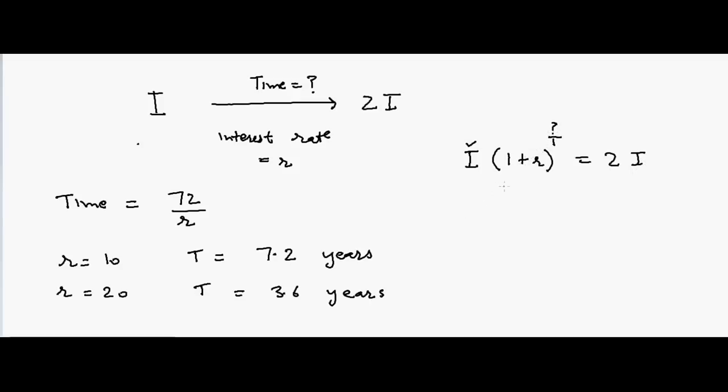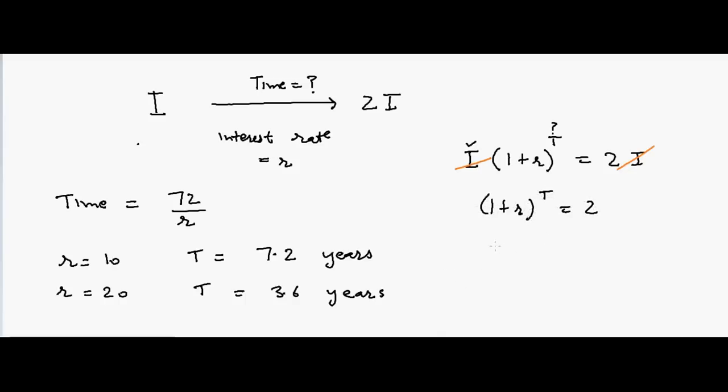So now if we solve this equation, I will be cancelled out by the other I, and then we have (1 plus R) to the power t is equal to 2.